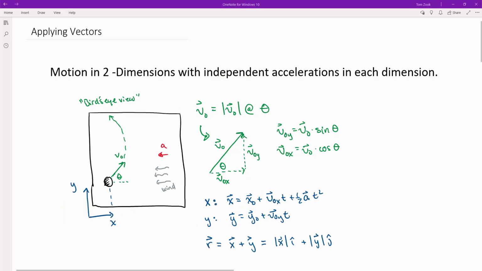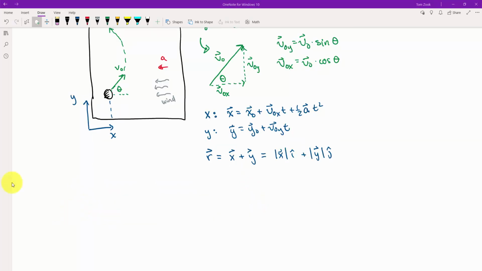So let's say that the initial velocity is, let's just make it a nice number, 10 meters per second at an angle of 45 degrees, so we only have to calculate something once when we come to components. And let's say that our original position is going to be 0. Let's say that we're declaring this as the origin. So our x0 and our y0 are both going to be 0.